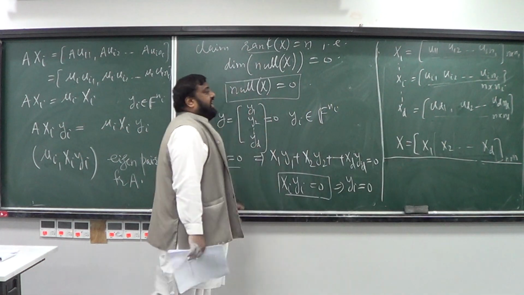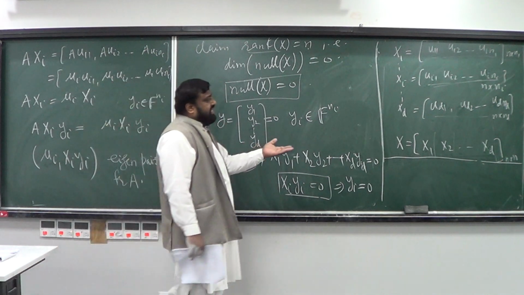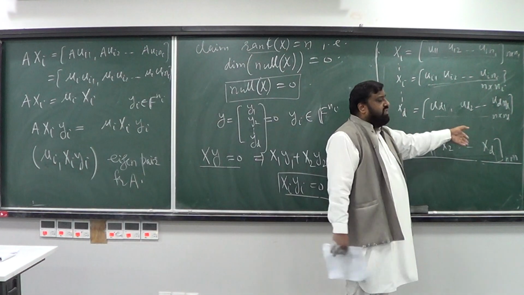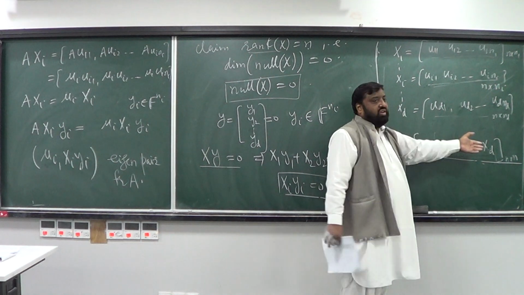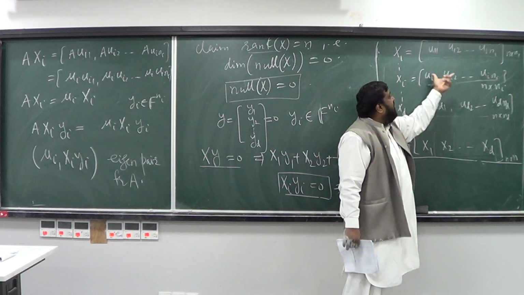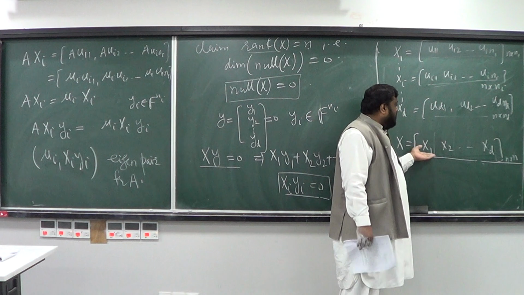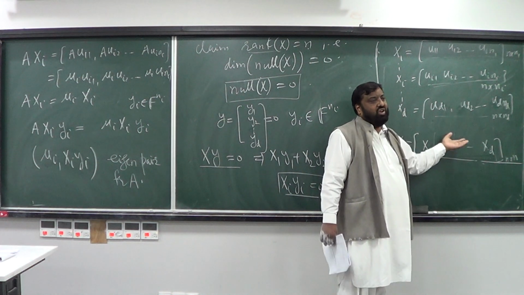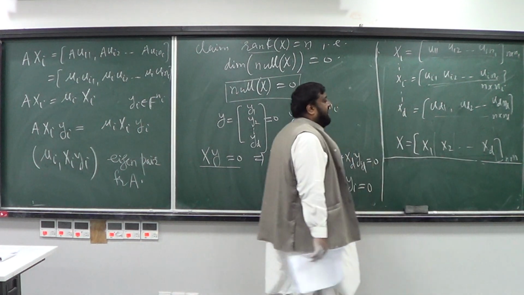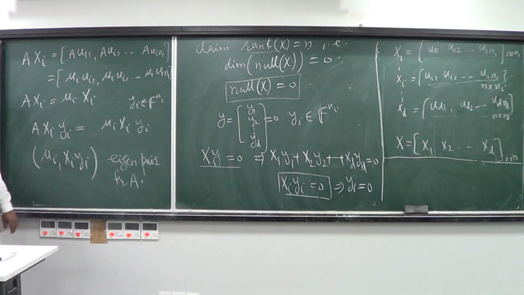How many column vectors are there? There are n column vectors, and all these n column vectors are linearly independent. So they constitute a basis for Fn.